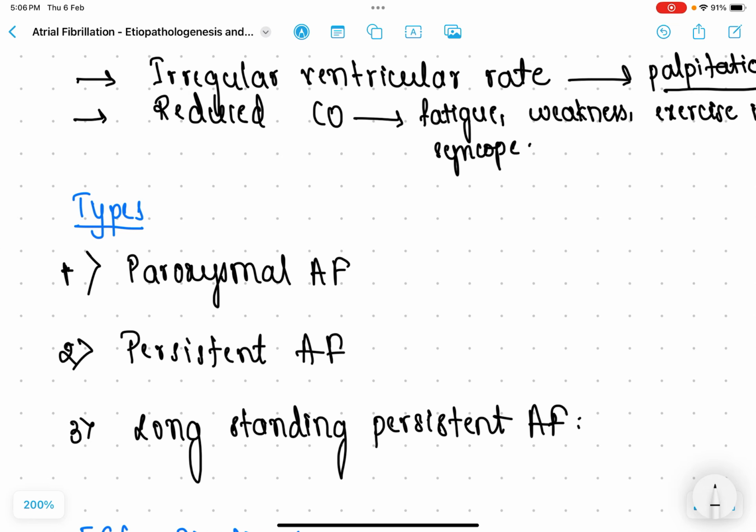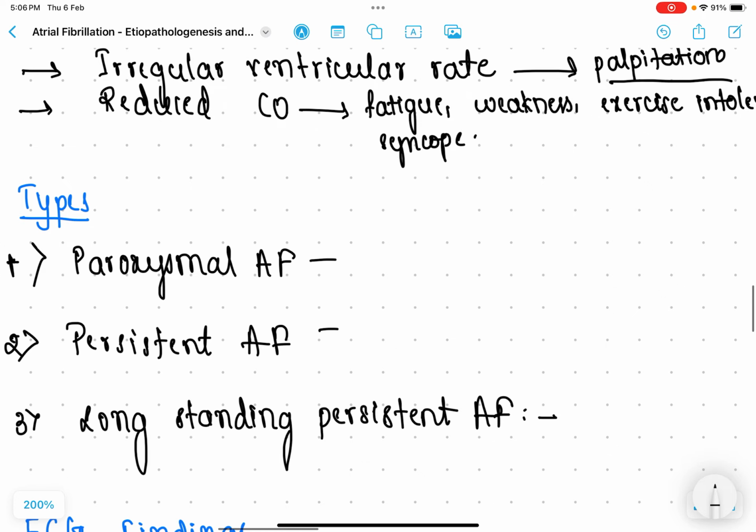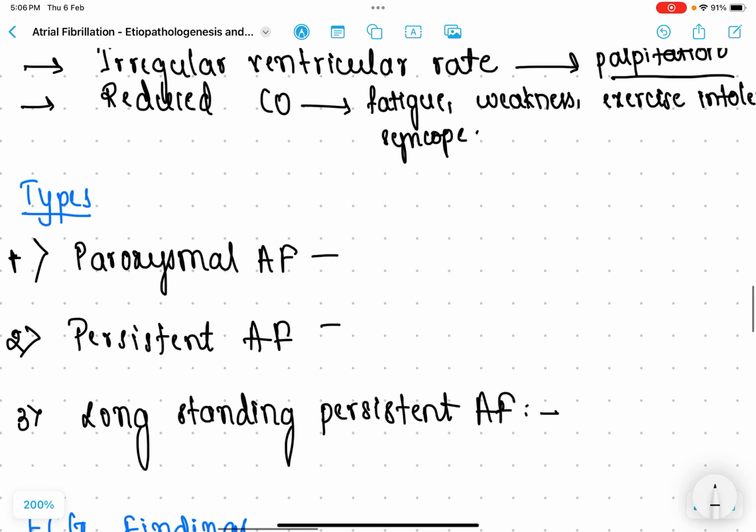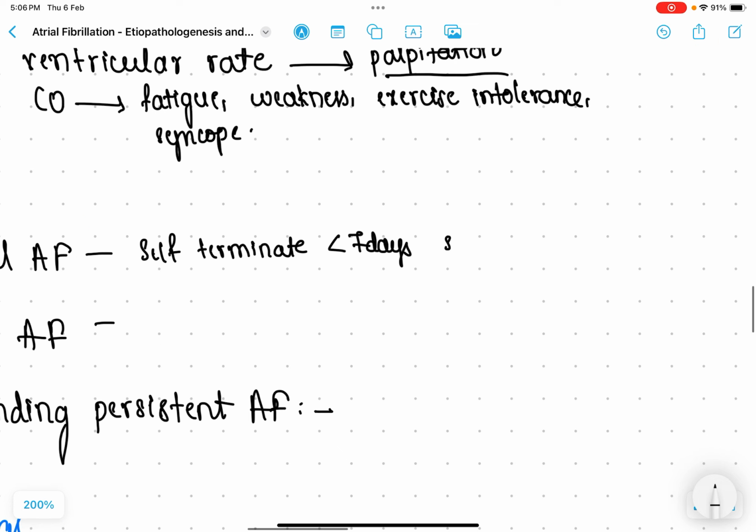What are the types of atrial fibrillation? There are three types: paroxysmal, persistent, and long-standing AF. Paroxysmal is when they self-terminate. Okay, these episodes self-terminate within 7 days, either spontaneously or by cardioversion.